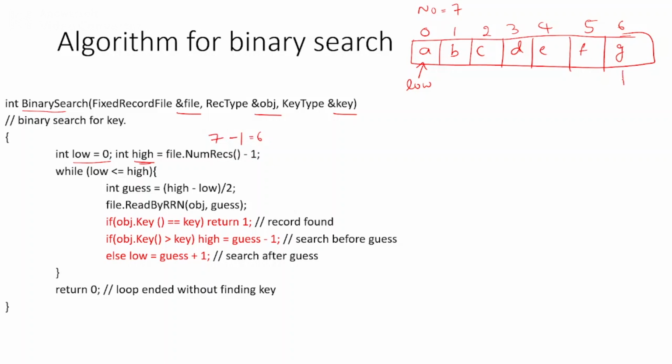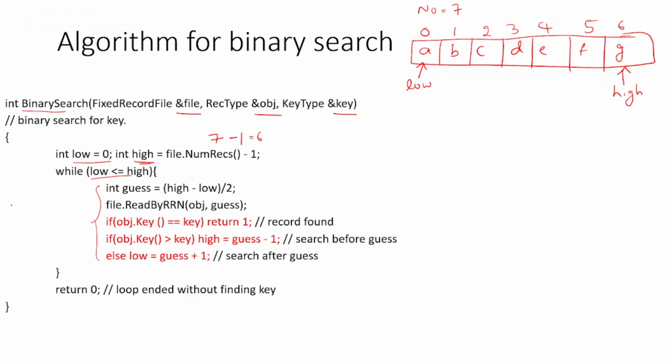So high is pointing to 6. Now the next thing is, if low is less than or equal to high. Now low is 0, high is 6, so obviously the condition is true. When the condition is true, we need to do all these operations.